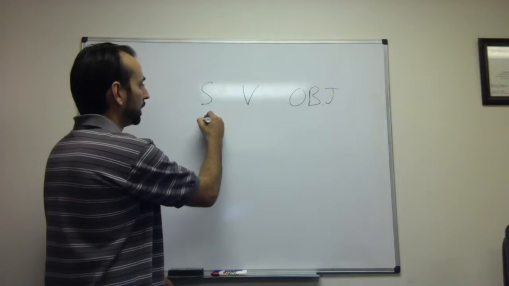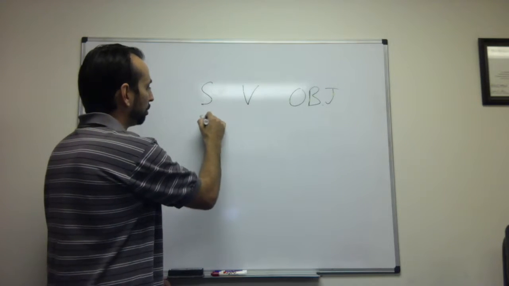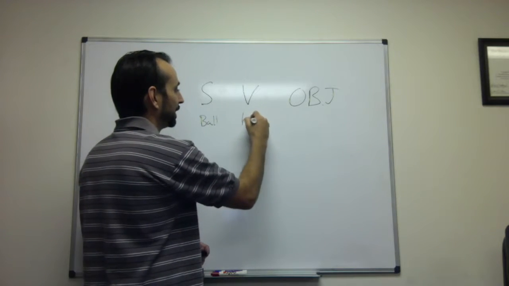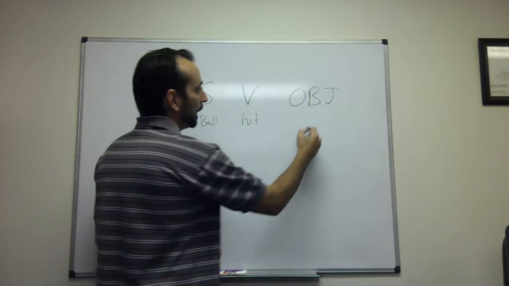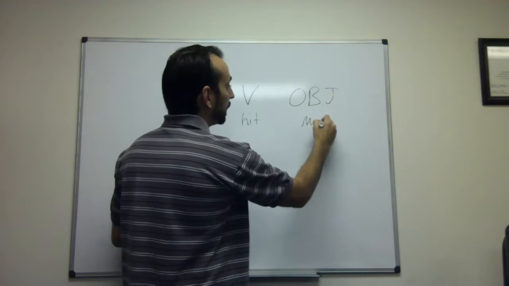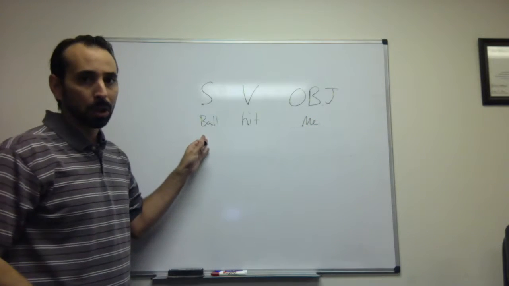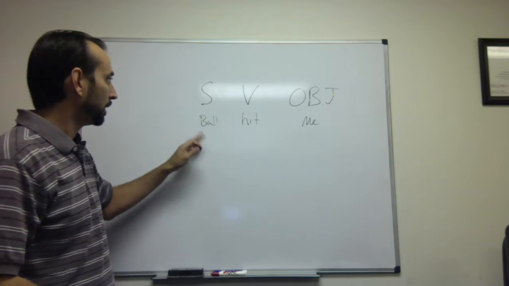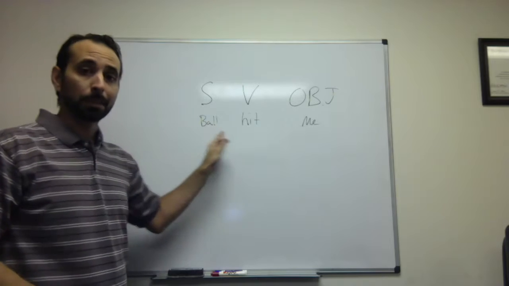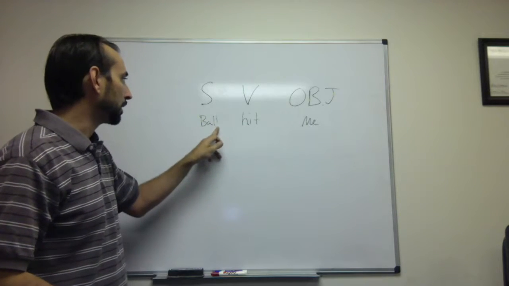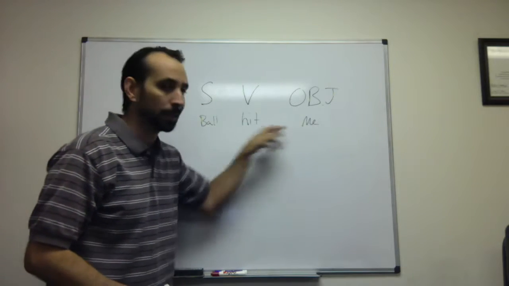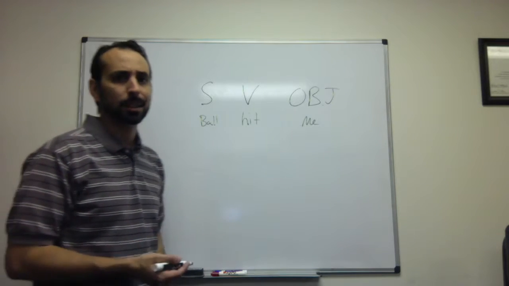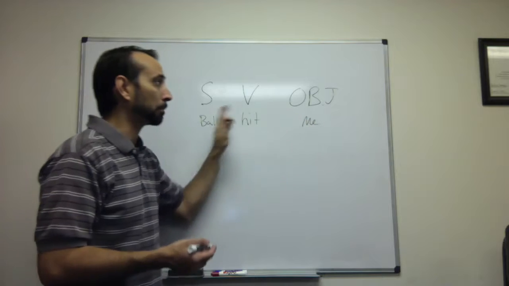If I have a noun, say ball, and I have hit, and as an object me, I know that the ball is the subject, not because of the spelling, but because of the position in the sentence. It comes prior to the verb. And in English, that's how we indicate subject versus object, by position.